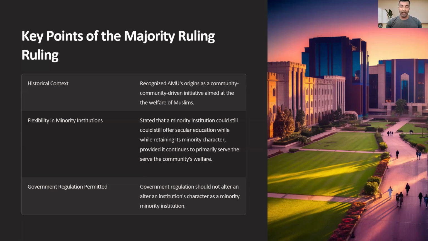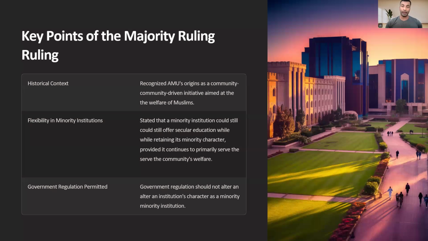So that was actually aimed at the welfare of Muslims. So it emphasized the university's establishment as a response to the educational needs of the Muslim community. Initially, if you remember, I told you that in 1967, the argument was it was neither established by Muslims nor administered by Muslims. But that's not the case here. It is acknowledged that it was established in the Muslims' interest.